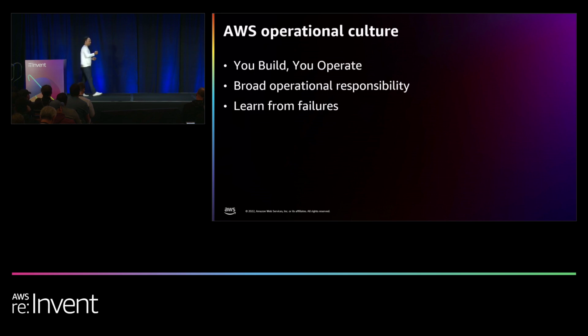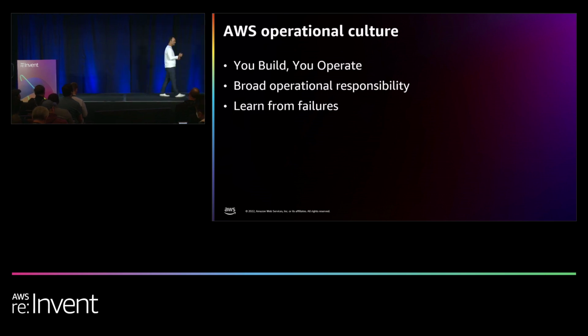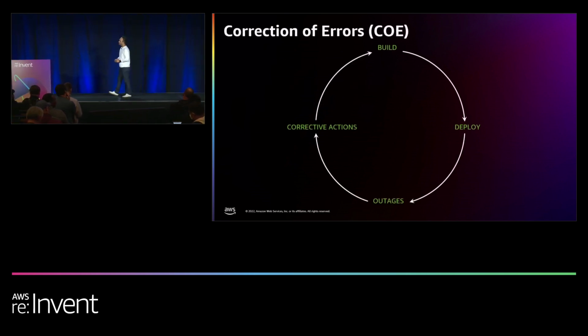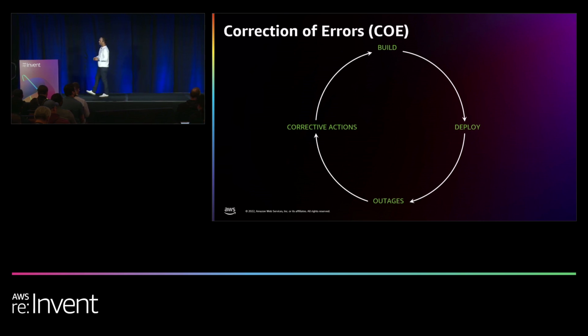And more importantly, we emphasize learning from the failures. Failures happen, and we have to learn from every failure we have so that we can actually prevent the recurrence of the failure. And one of the most important mechanisms we have in Amazon is correction of errors. It is the mechanism that enables us to learn from failures.